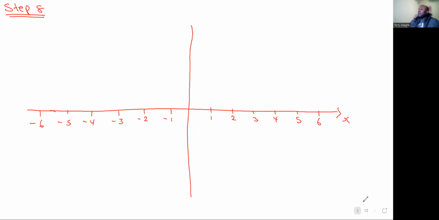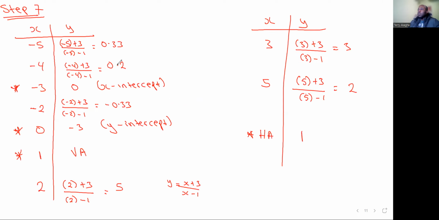Then for the y, the maximum we had was, I think, 5, and the minimum we had, I think, was -3. I think that's the lowest we have here. Okay, for the y.